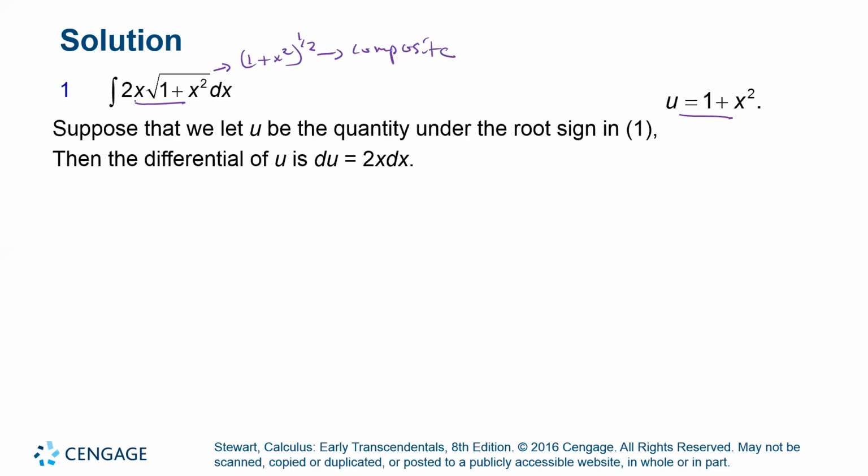There's an extra 2x, but that will happen when I differentiate my substitution. If I look at the inside function, we will let u equal 1 plus x squared.